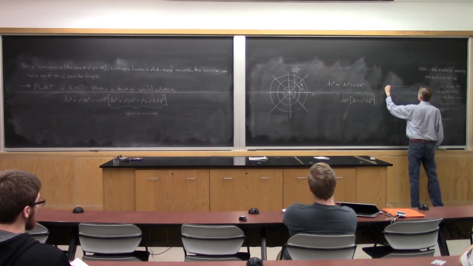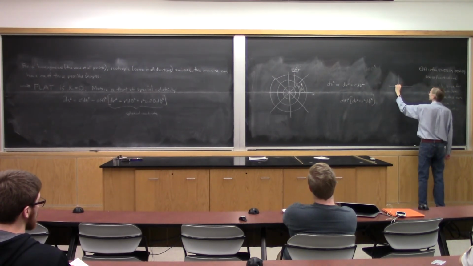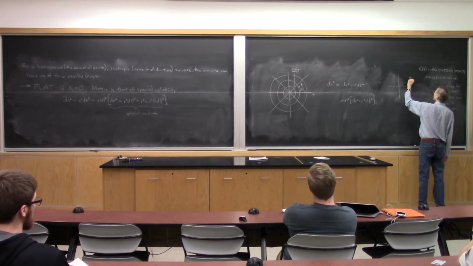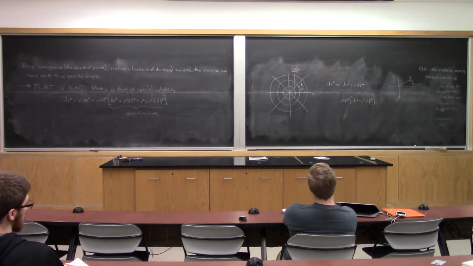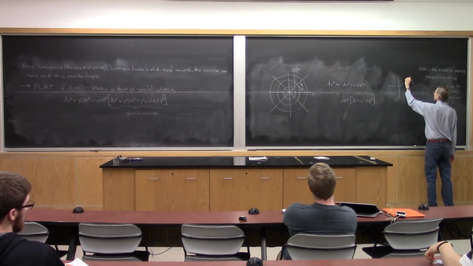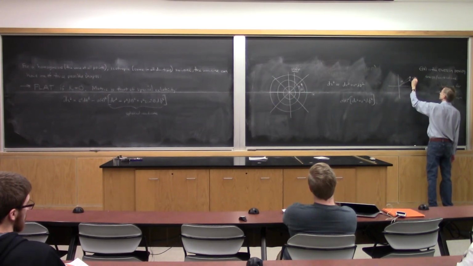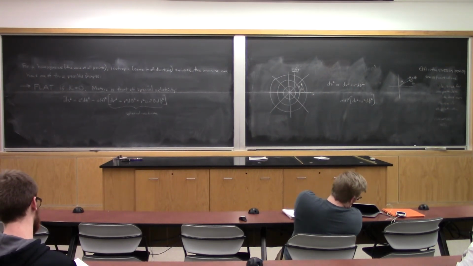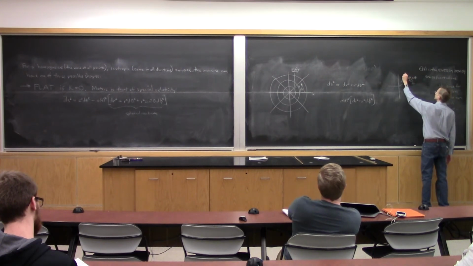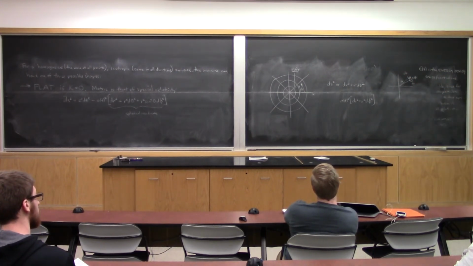Remember how we get the ordinary form in the first place: if I make a little displacement, I can resolve it into a component dr in the radial direction and a component r dphi in the phi direction, the azimuthal direction. And so ds squared is dr squared plus r squared dphi squared, from the Pythagorean theorem.